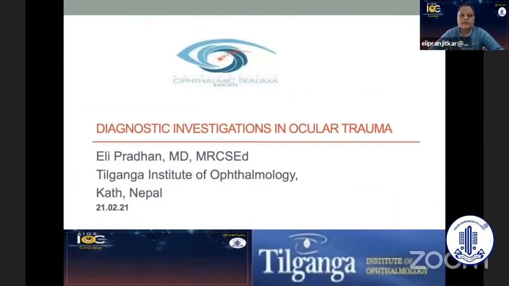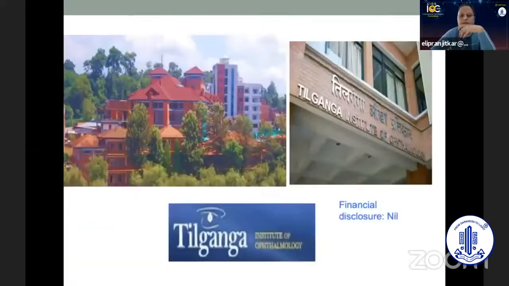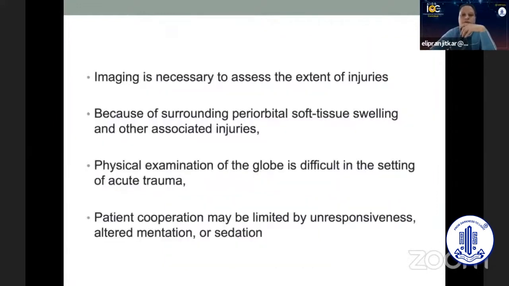So this is about diagnostic investigation in ocular trauma. I'm from Tilganga Institute of Ophthalmology. No financial disclosure. As you all know, imaging is very important to assess extent of injuries because of surrounding periorbital soft tissue swelling and other associated injuries, and physical examination is difficult, especially in case of acute trauma, as patient cooperation may be limited by unresponsiveness, altered medication, or sedation.